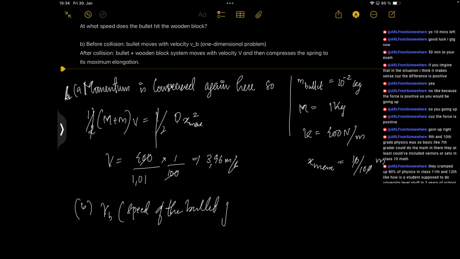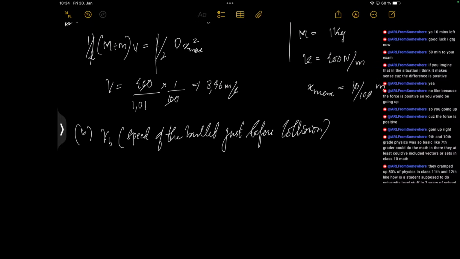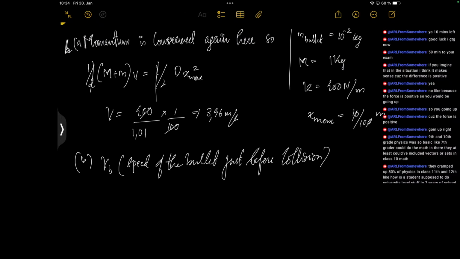Bullet just before collision. Conservation of momentum, therefore m v b equals half.